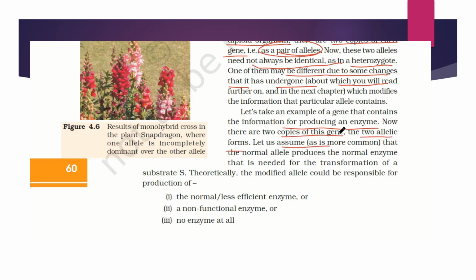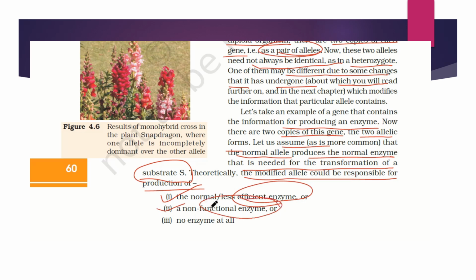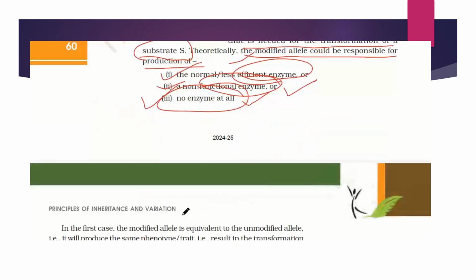Let us assume that the normal allele produces a normal enzyme that is needed for transformation of substrate S. Theoretically, the modified allele could be responsible for production of a normal enzyme, a less efficient enzyme, a non-functional enzyme, or no enzyme at all, because it is a modified gene. Is it clear to all of you?